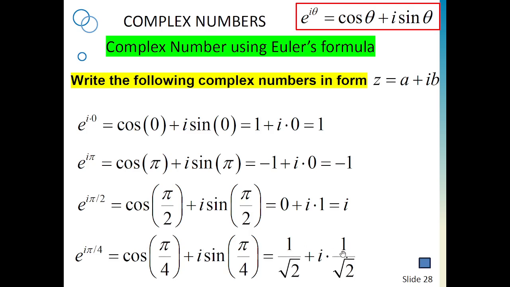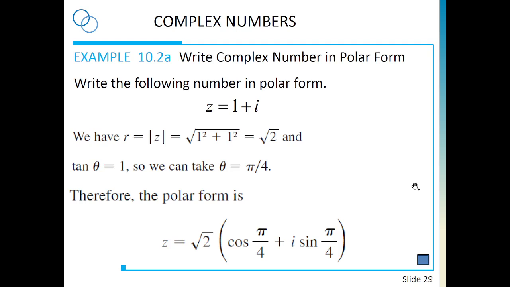From here we can find the angle and the r. Let's say we have a complex number given in standard form and we want it in polar form. Polar form meaning we need r and we need the angle theta. How do we get r? R is the modulus, so it is the real part squared plus the imaginary part, the coefficient here, squared. So 1 squared plus 1 squared is 2, so radical 2.